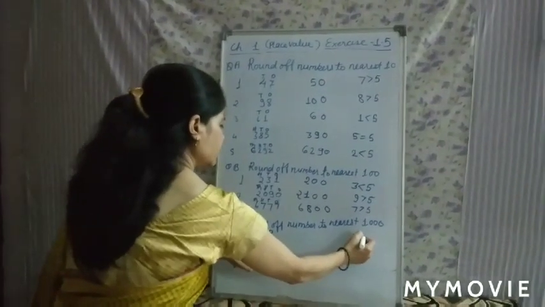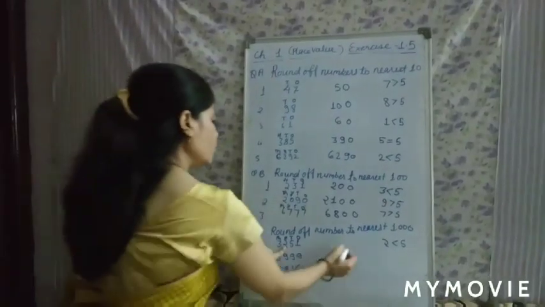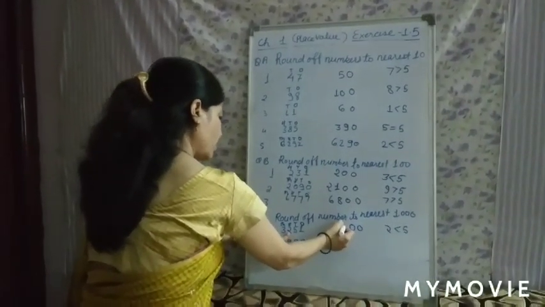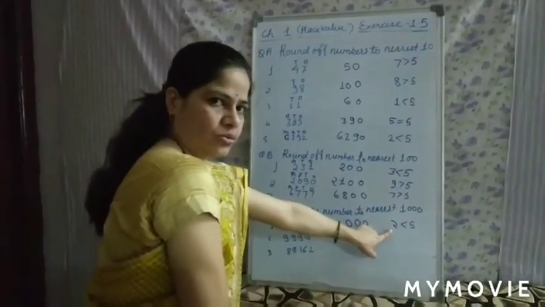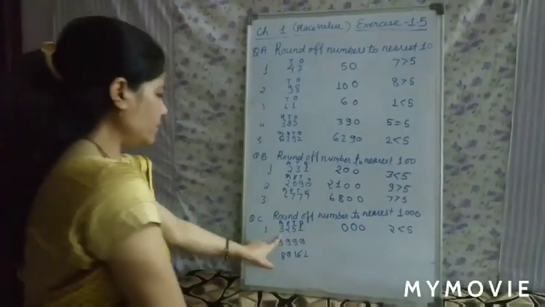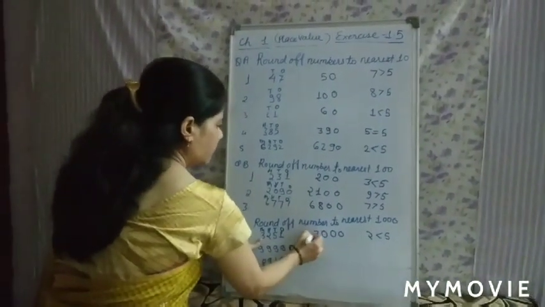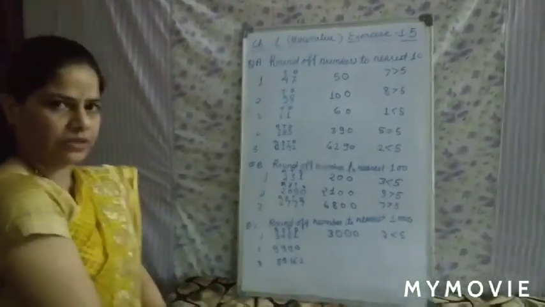Compare this digit with 5. 2 is less than 5. Okay, so put 0 on the ones place, put 0 on the tens place digit, put 0 on the 100 place digit. But since the digit 2 is less than 5, there will be no change in the 1000 place digit. So the digit 3 will be as it is. So the answer will be 3000.